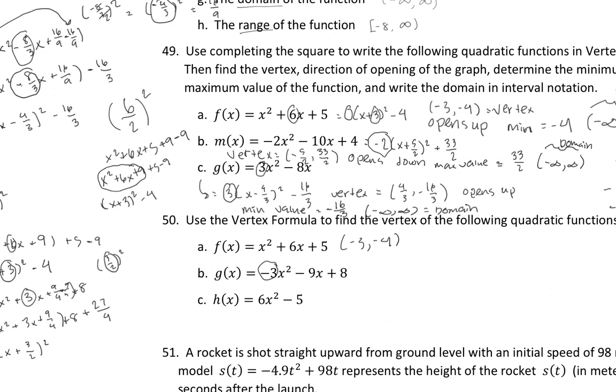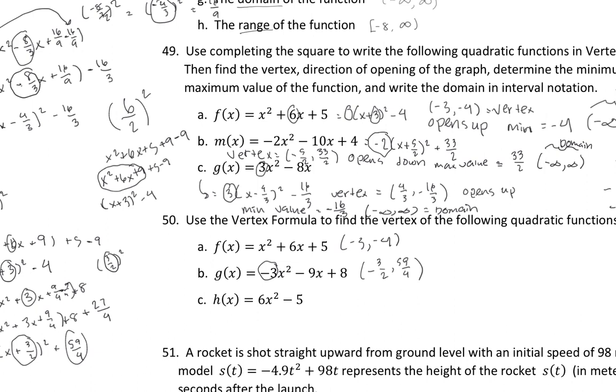And then if we combine the 8 and the 27 over 4, that's going to give us, I think, 59 over 4. And so now we have it in vertex form, and we can see that our vertex is going to be negative 3 over 2, and then that positive 59 over 4.